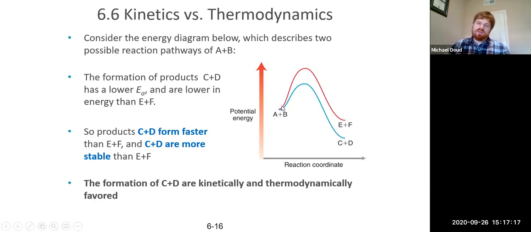So let's look at these energy diagrams and try to parse out which one is going to be kinetically favored, in other words, which reaction is going to occur faster, and which is going to be thermodynamically favored, in other words, which produces more stable products.